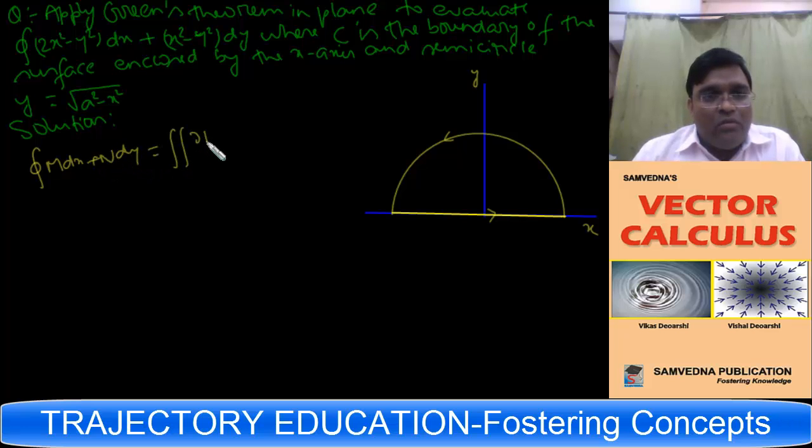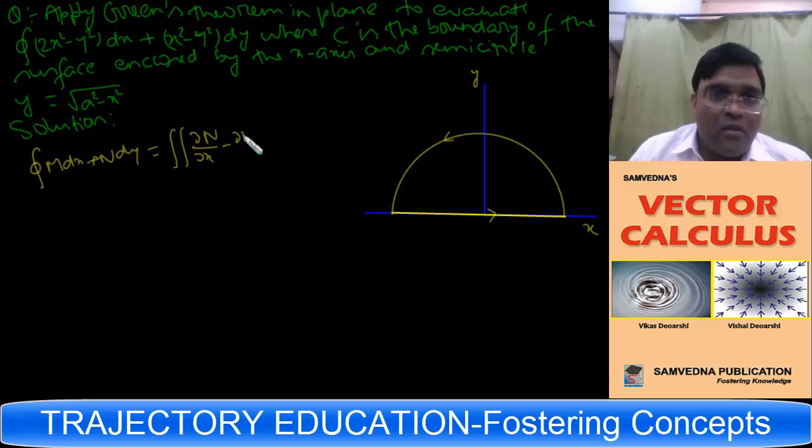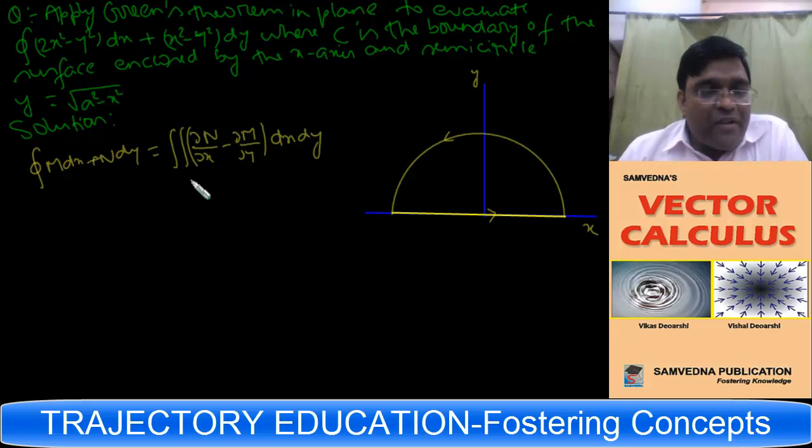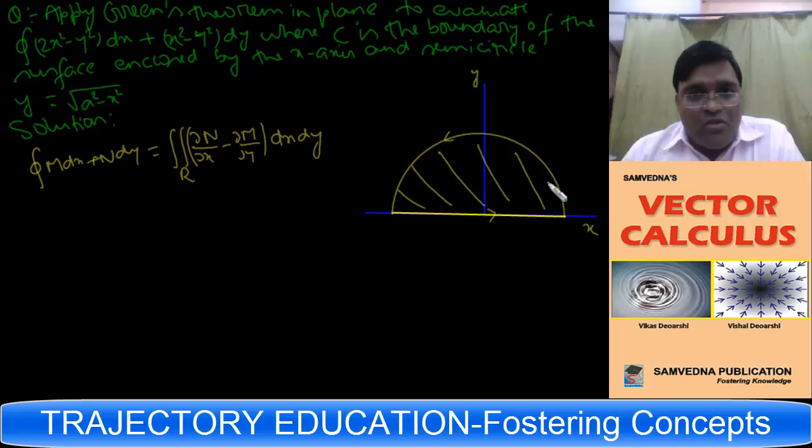So from Green's theorem, the integral of M dx plus N dy is equal to the double integral of (dN by dx minus dM by dy) dx dy, where this line integral has to be evaluated along the orientation such that this region R lies on the left if I walk along this orientation.